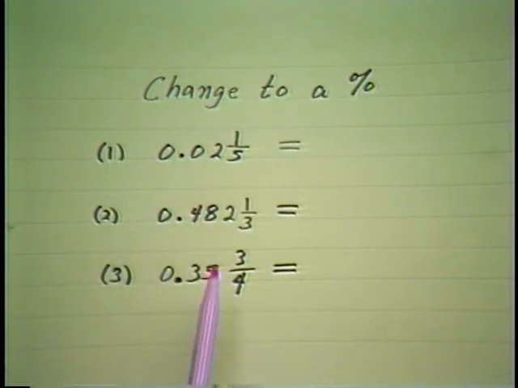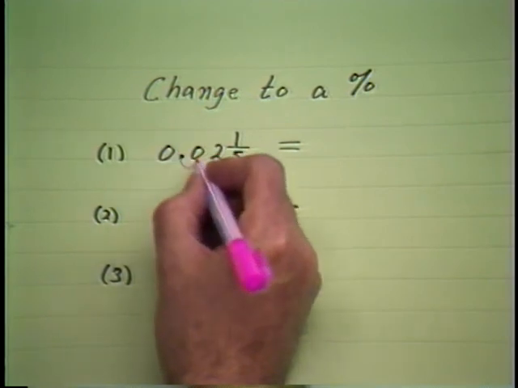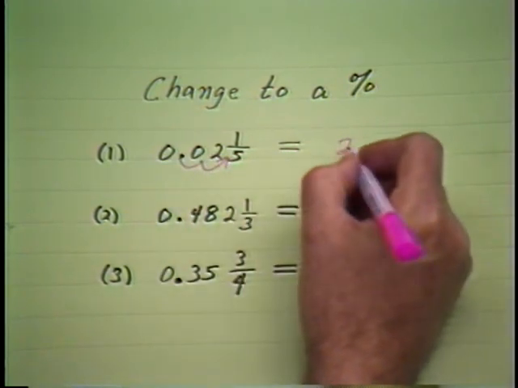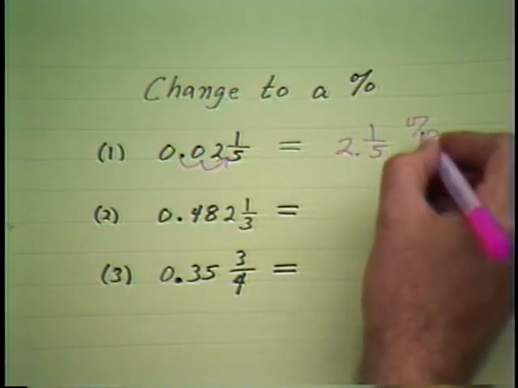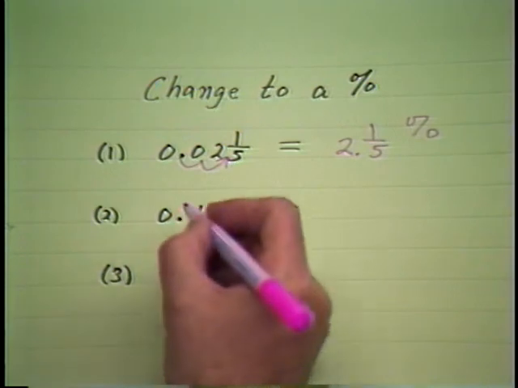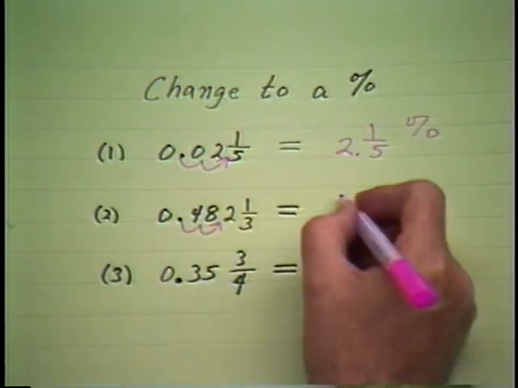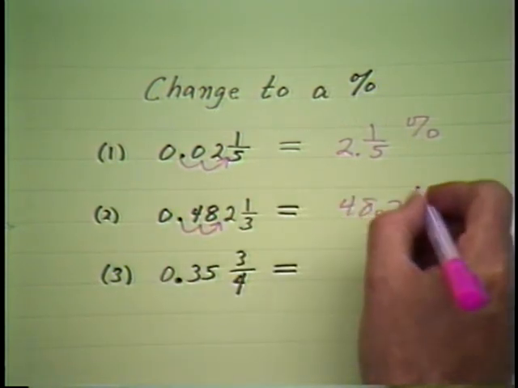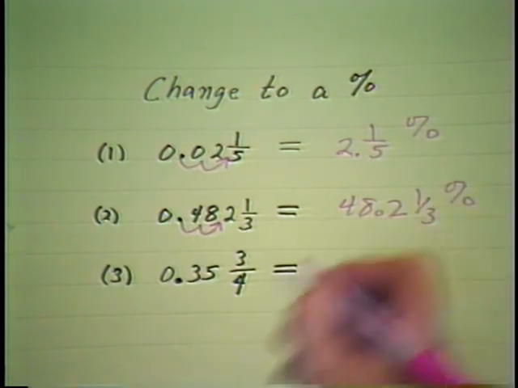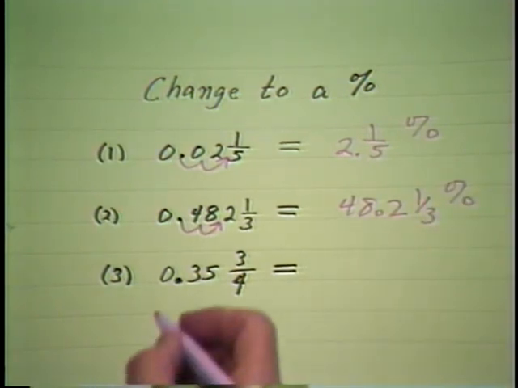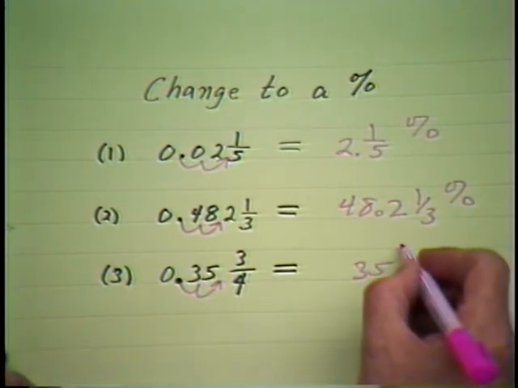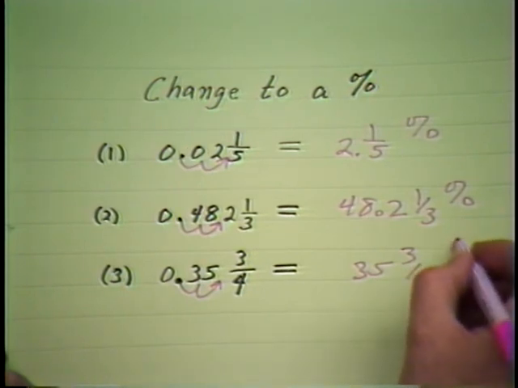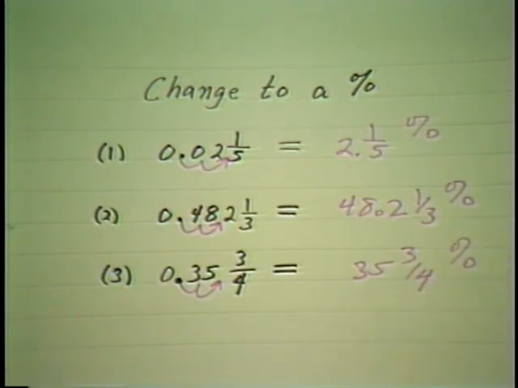Even if you have a decimal with fraction, nothing changes. Move the decimal point 2 places to the right, and write in the percent symbol.